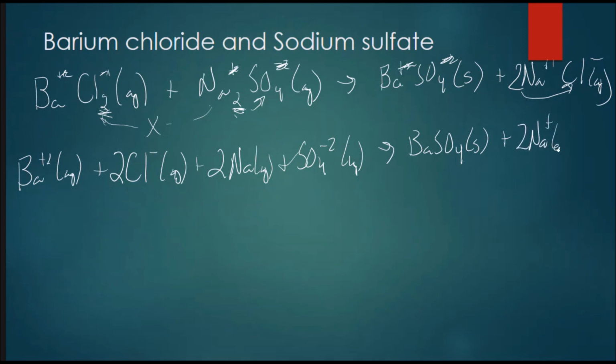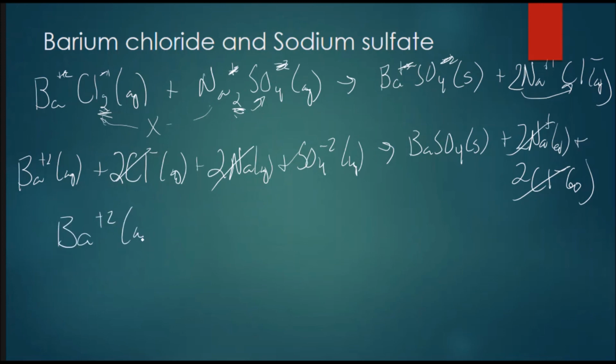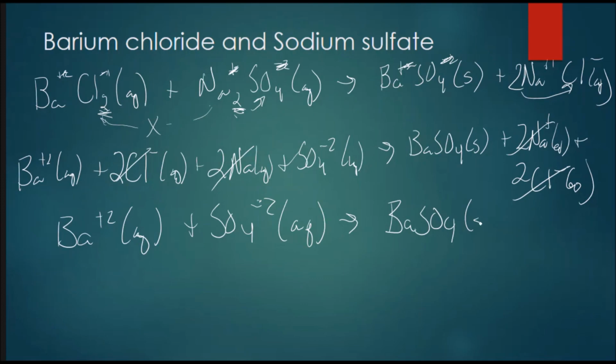Two Na plus, 2 Cl minus, and of course they are your spectator ions. Your final answer, Ba plus 2 plus SO4 negative 2 forms BaSO4 solid.